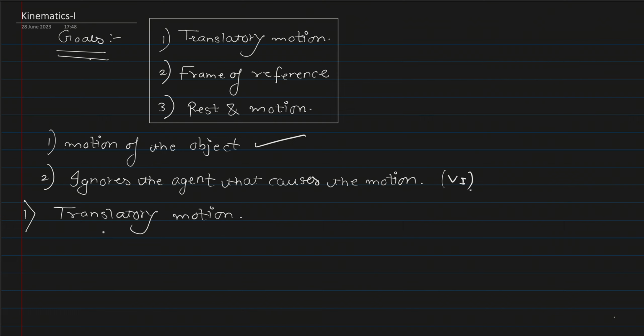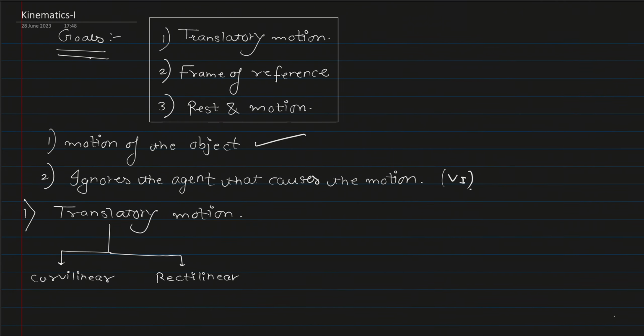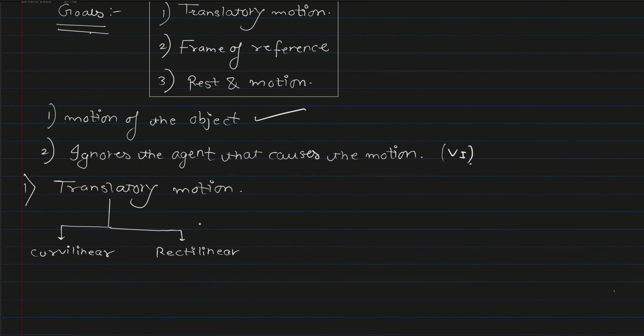The translatory motion can be divided into two types. The first is curvilinear and the other is rectilinear motion. Let us understand what these are.